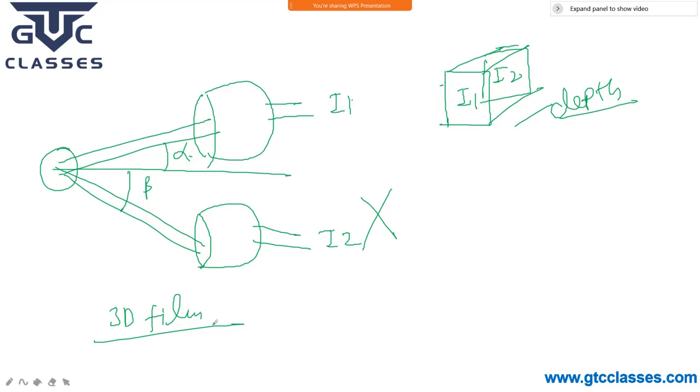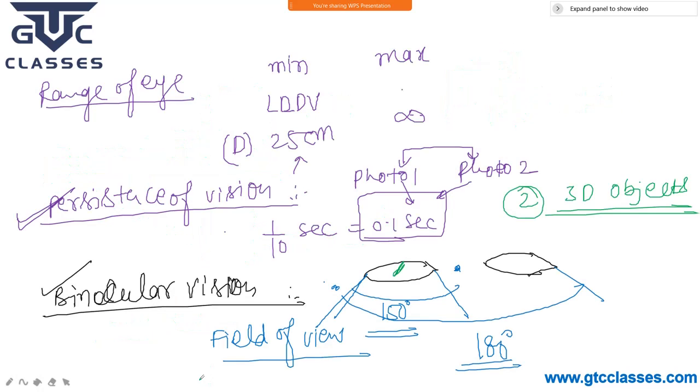But if you use two eyes, you are basically putting that hologram, you are creating that third dimension, depth. Clear? So binocular vision does two things: it increases the field of view and enables us to see 3D objects. These are the two main reasons. Clear? Any doubt? No, sir, no doubt. Fantastic.